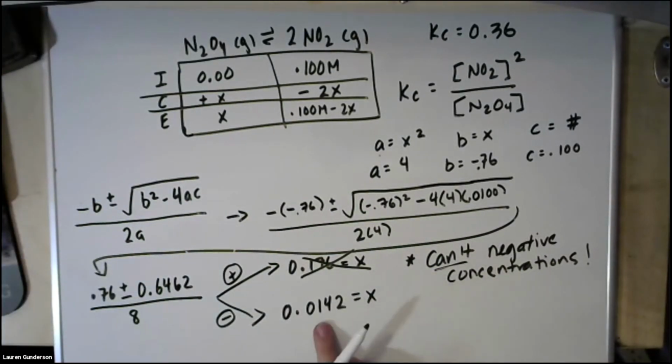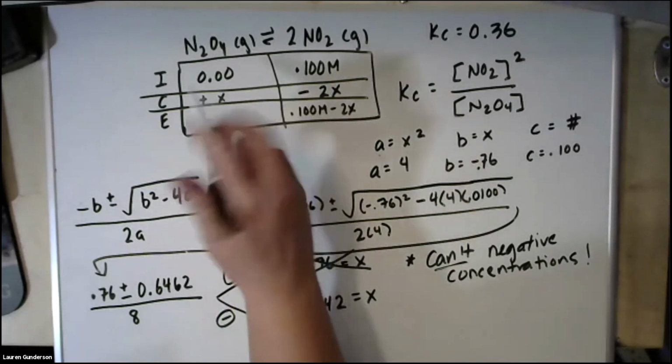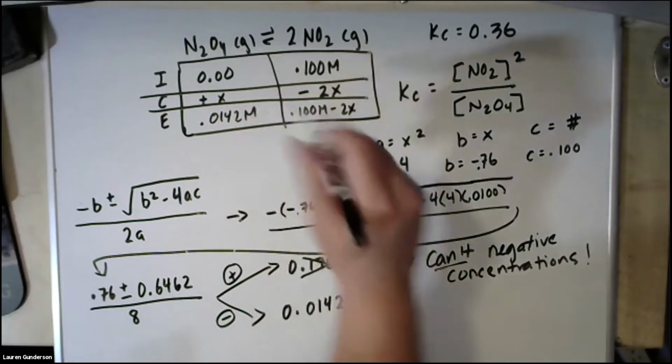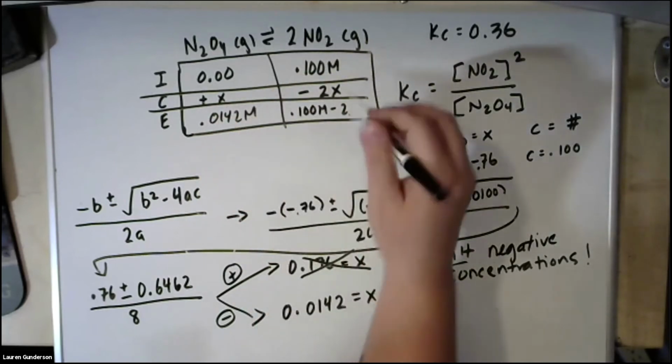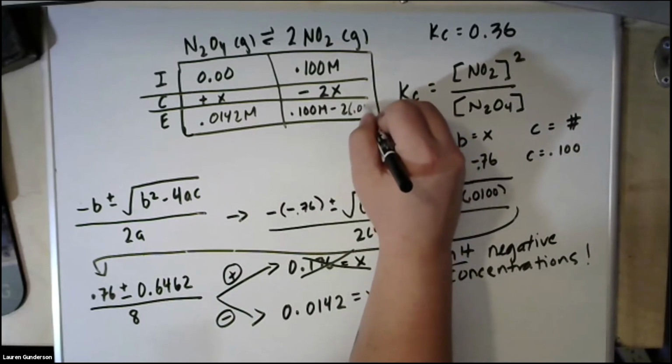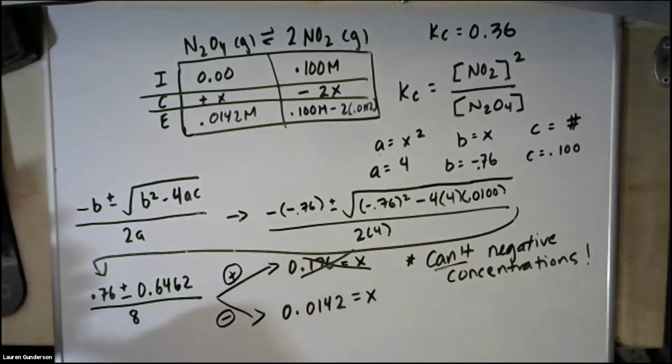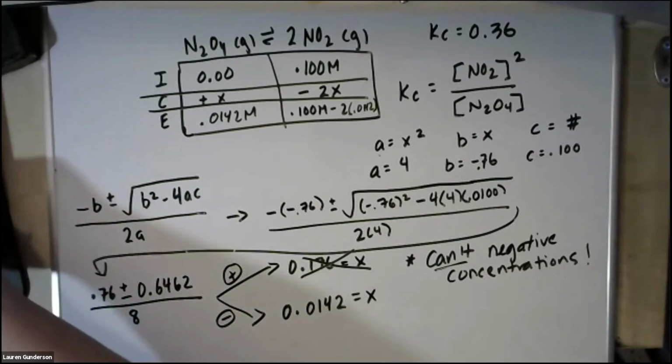Once you figure out which value is the correct value, you're going to plug that in for your x. So this will be 0.0142 molar. And now we'll solve for this one. Okay.